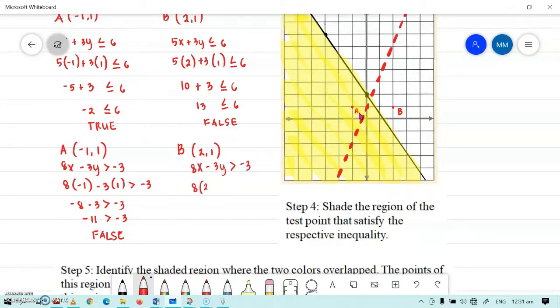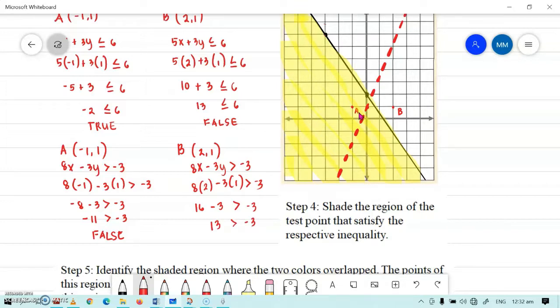So 8 times 2 minus 3 times 1 is greater than -3. 8 times 2 is 16. Minus 3 times 1 is -3. 16 minus 3 is 13, greater than -3.